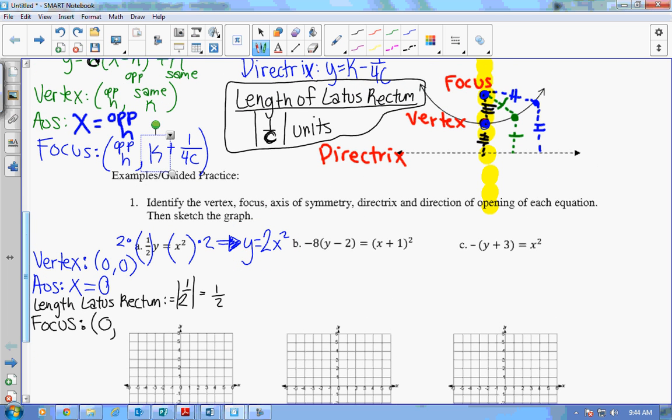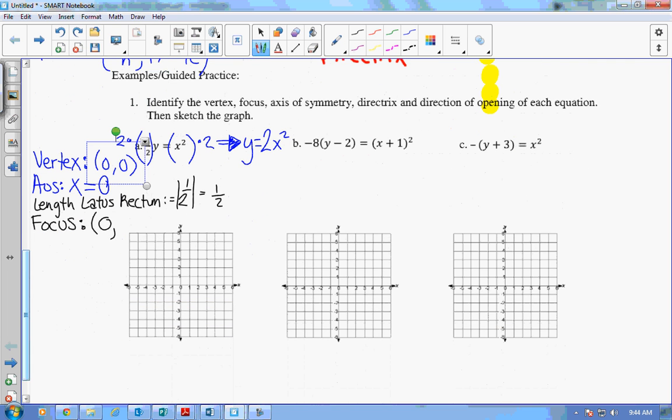The focus has the y-coordinate of the vertex plus 1 over 4c. What was the y-coordinate of the vertex? It was also 0, but we have to add, because it's above or below, 1 over 4 times c. What was c? 2.